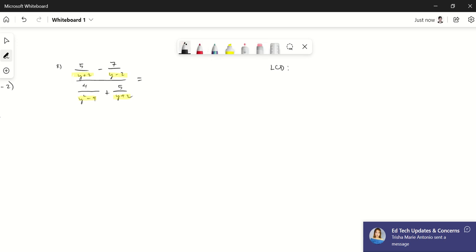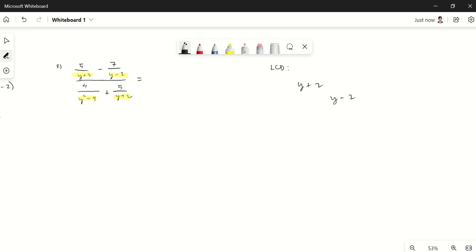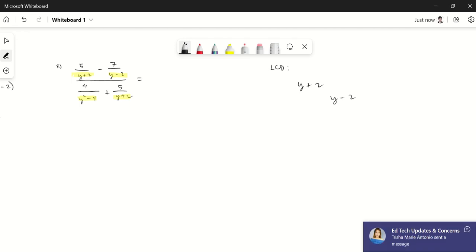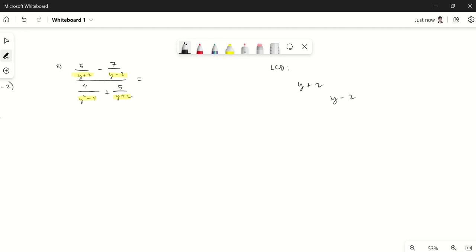So let me repeat, the y plus 2 can't be factored anymore. Same with the y minus 2. But for y squared minus 4, you can factor that using difference of two squares. That would be y plus 2 times the quantity of y minus 2.